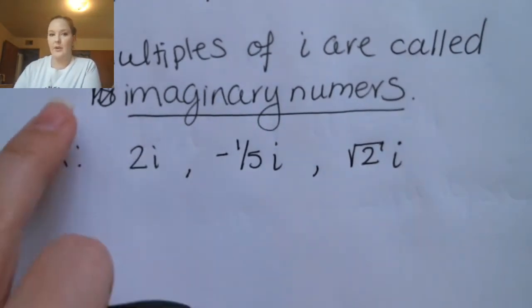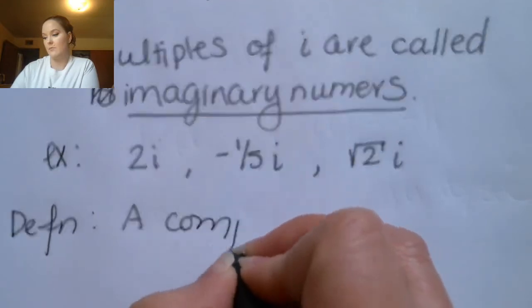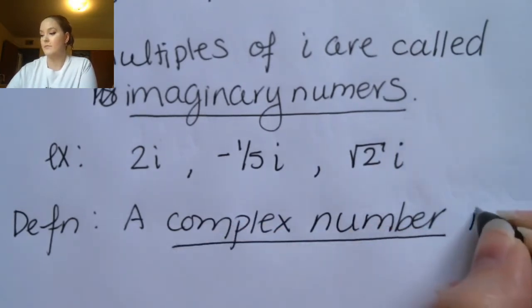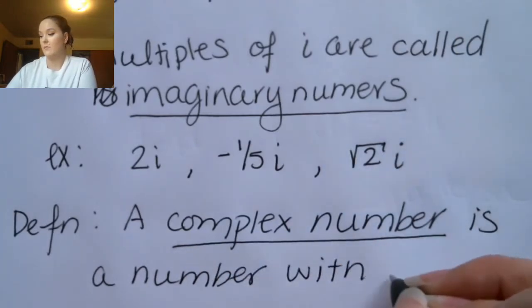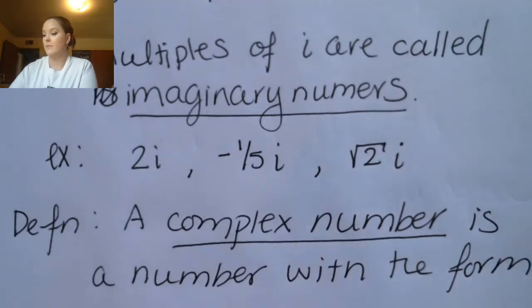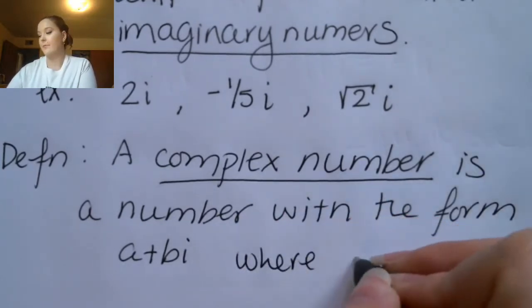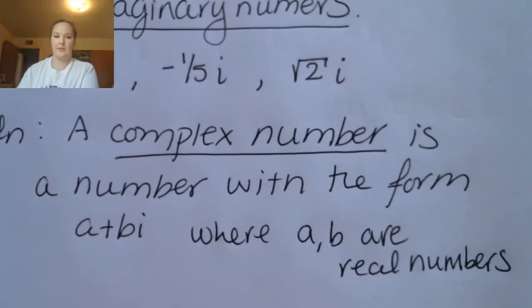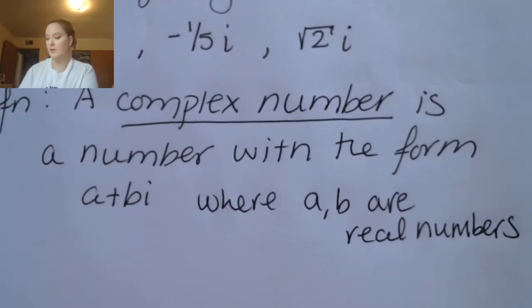Now, what is a complex number? If this is an imaginary number, what's a complex number? Okay, so a complex number is something of this form, okay? a plus bi, where a and b are real numbers, okay?